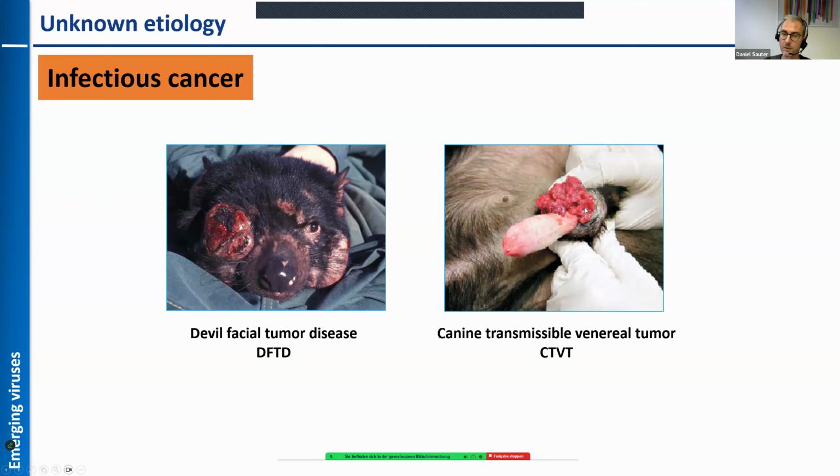And they have also been sequenced, and they're most likely derived from some ancient wolf-like dog breed, but still being transmitted in the dog population. Again, this is not an example of a virus that emerges, but it's just to illustrate that there might be more than we currently know. So just keep your eyes open and always keep in mind that new pathogen groups may emerge.